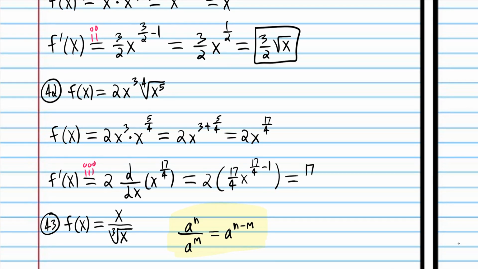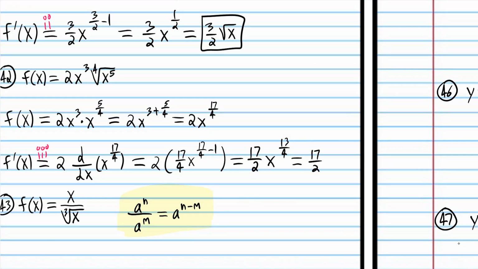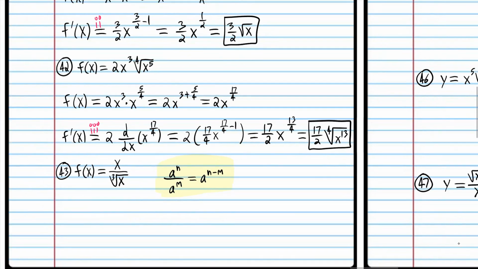Then we get 17 over 2 times x to the 13 over 4 power, and using exponent rule number 10, we get the fourth root of x to the 13th power. So that's just another type of problem there.